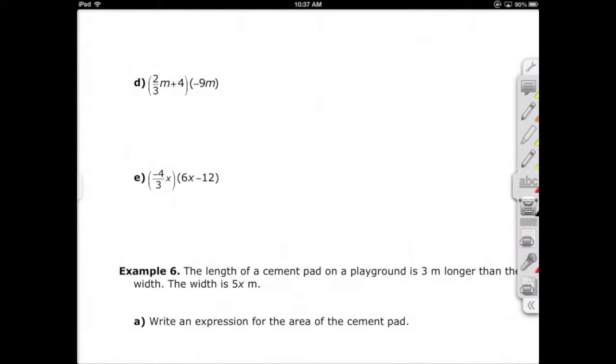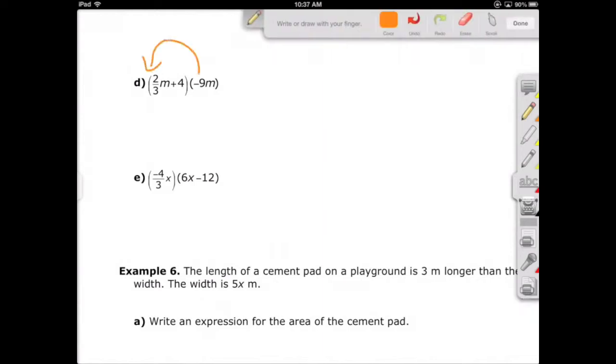You can have a fractional coefficient. 2/3 of 9 is 6. That's a good one to know. And if you can't remember that, 2/3 times 9, understood to be over 1, is the same as 18 over 3, which is 6.